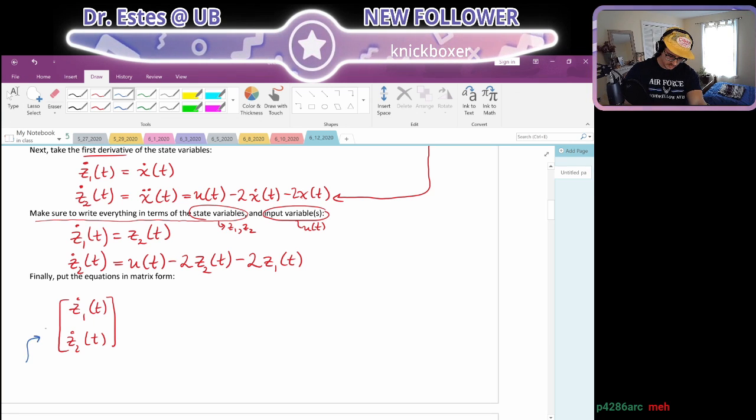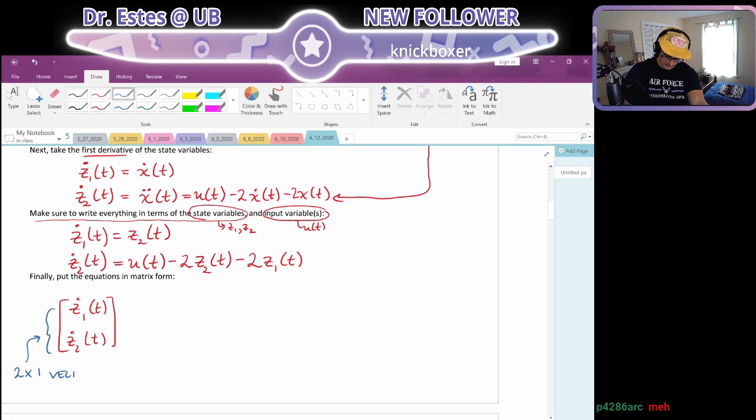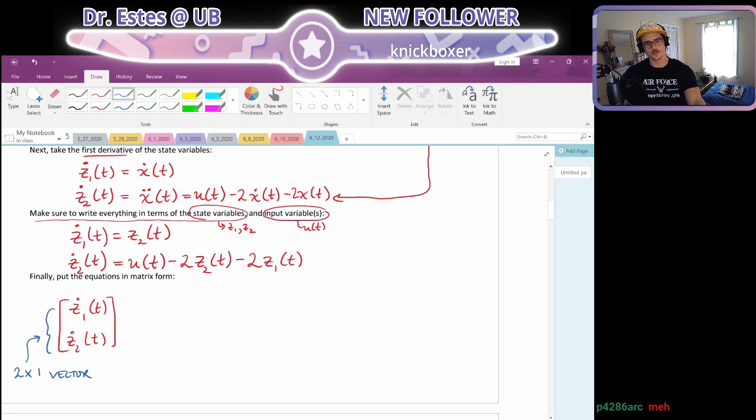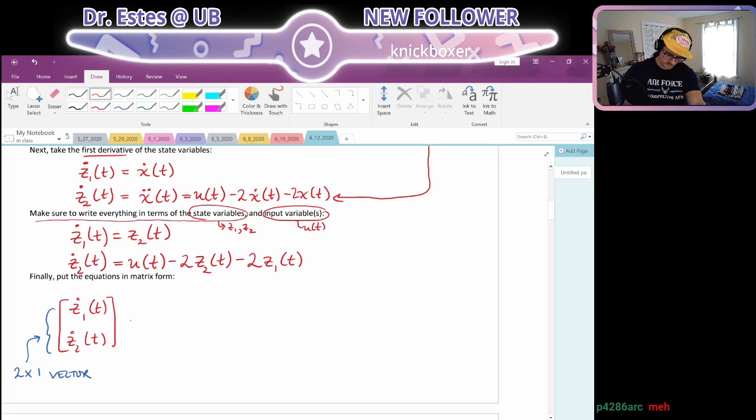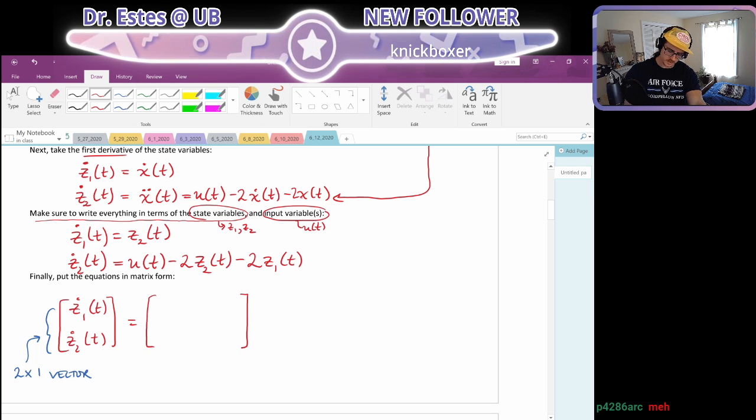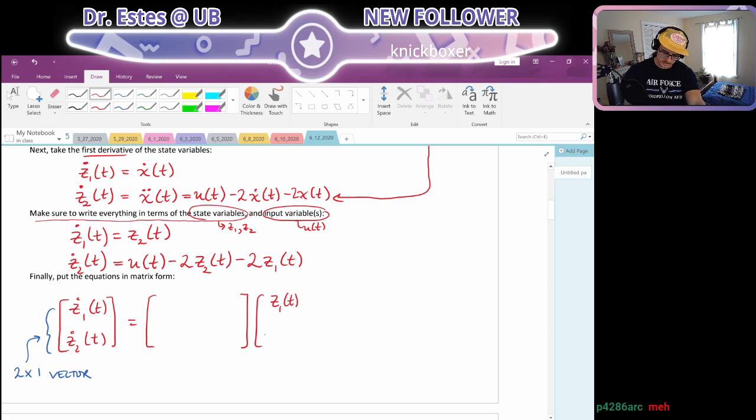So this is a 2 by 1 vector, 2 rows, 1 column. And we're going to say this is equal to a matrix times my state vector.